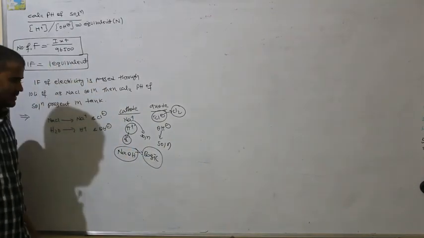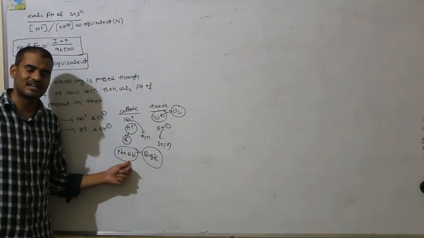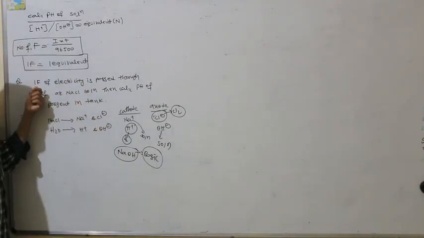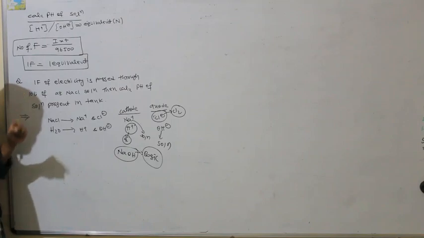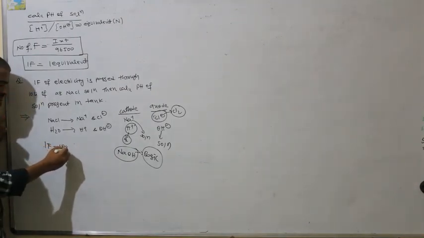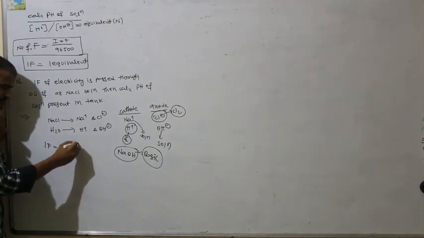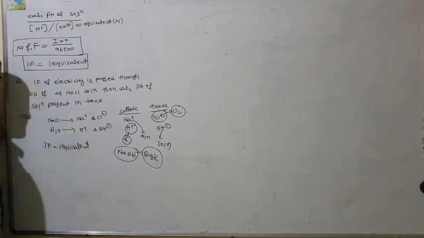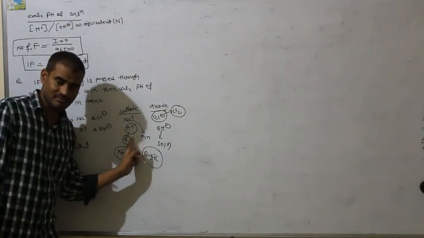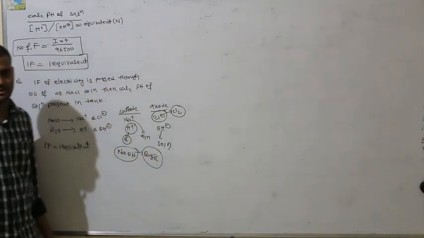So to calculate pH, you should know how many equivalents of OH minus remain. How many Faradays are we passing here? 1 Faraday. 1 Faraday equals 1 equivalent. This is very important: identification of whether H plus is going to remain or OH minus is remaining.